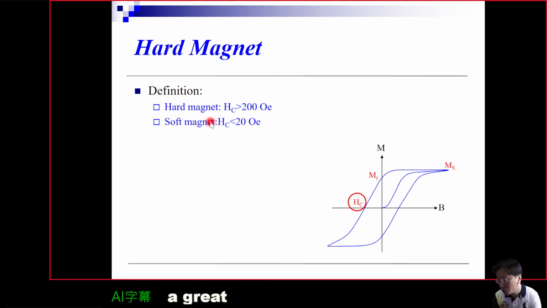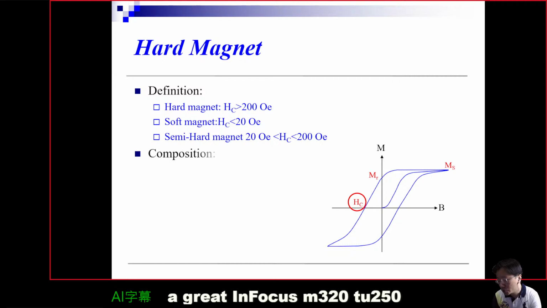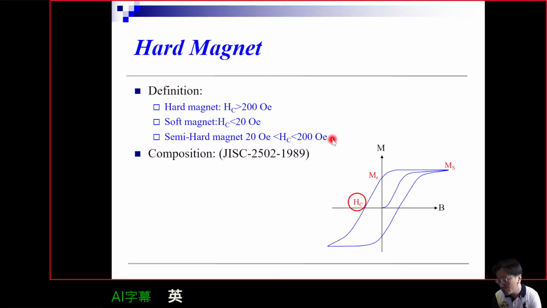And for the soft magnet, the coercivity would be less than 20 Oersted. So the semi-hard magnet will be in between 20 to 200 Oersted. So based on the JIS C 2502/1989, the definition of the hard magnet has 4 categories based on its compositions.